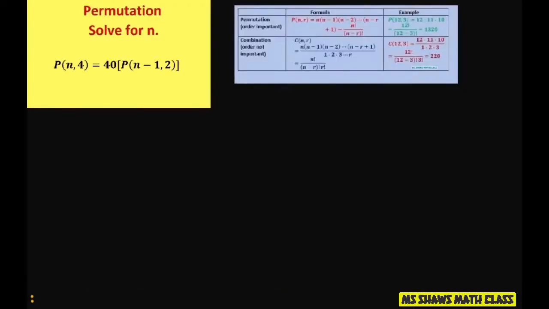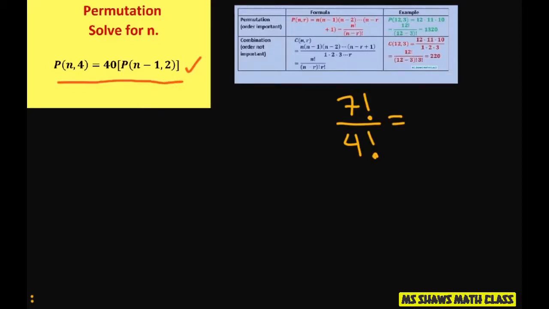Before we get started, I just wanted to go over very quickly, if you have something like 7 factorial divided by 4 factorial, a good way to simplify this, because I know a lot of y'all are used to using a calculator, and if you're doing that, you're going to have a harder time with this kind of problem.